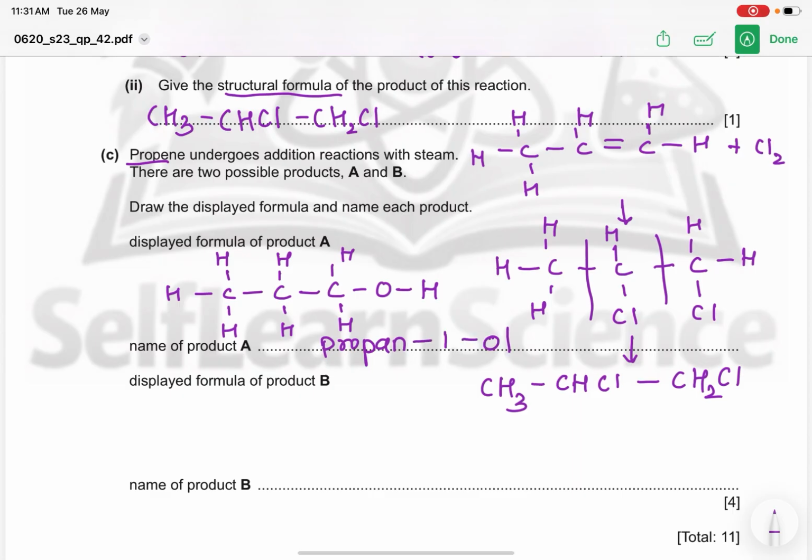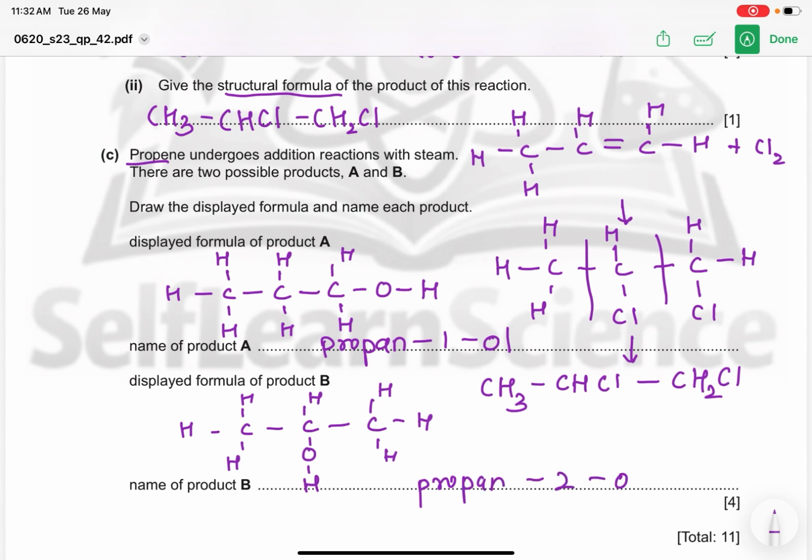And in the second case, the OH functional group can move to the second carbon atom. At the second, we have OH here, and the remaining hydrogens satisfy the valency of carbon. So the name becomes propan-2-ol.